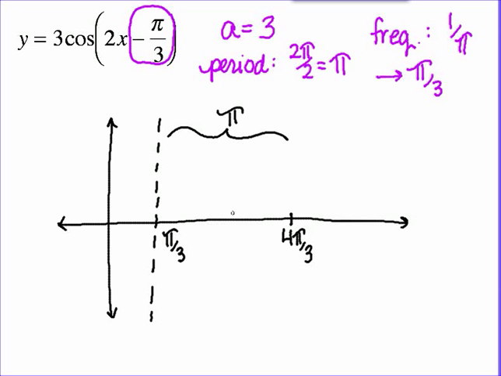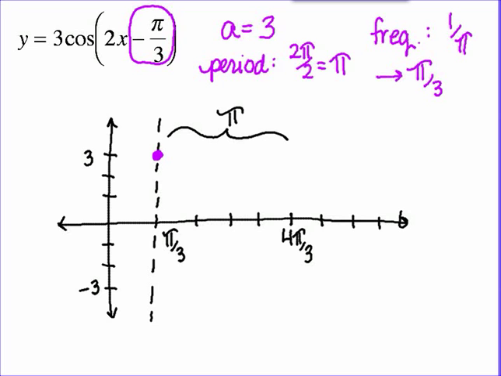So, break, break, break. Okay, then we're going to go 1, 2, one more. High point, I'm going to go up 3 and down 3. So where do I start at the dashed line? I start up here. Why up here?